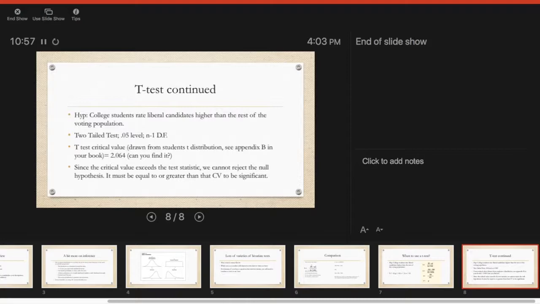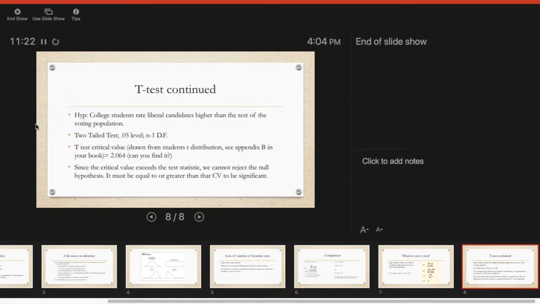If you need to, pause and take a look. If you found it, great. What you just found was the t-test critical value, and that is now what you're comparing your test statistic to. In this case, your test statistic was 2, right?